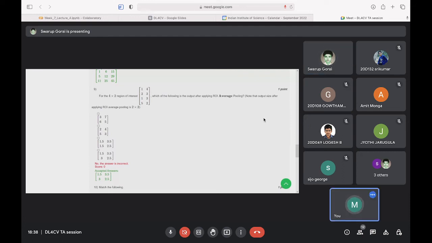1 plus 2 by 2, that is 1.5. 4 plus 3 by 2, 7 by 2 is 3.5. Given your region of interest, I will divide it into 2 cross 2 blocks. Here I put 1 and 2 together, 4 and 3 together, 1 and 5 together, 3 and 2 together.